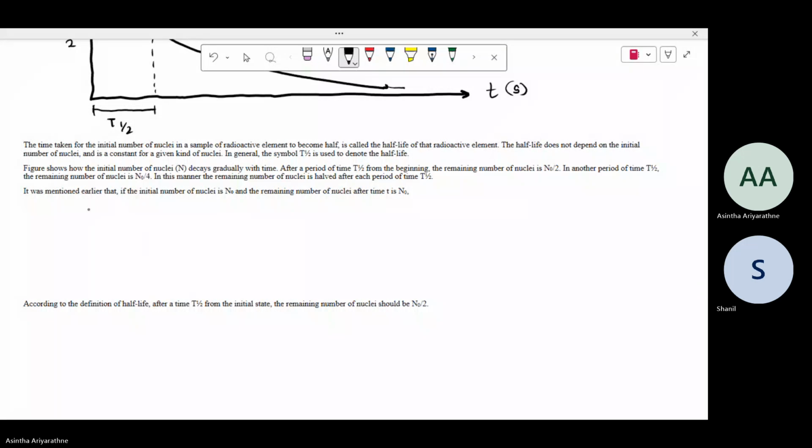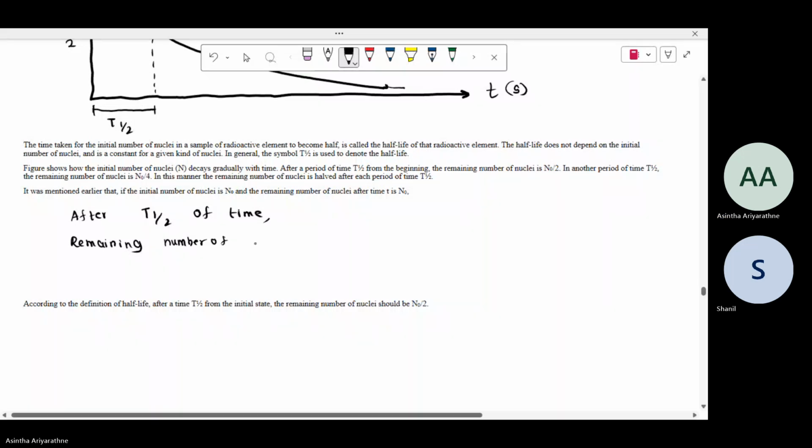So now, after half of the time, the remaining number of unstable nuclei, which is capital N, is N naught over 2, right?